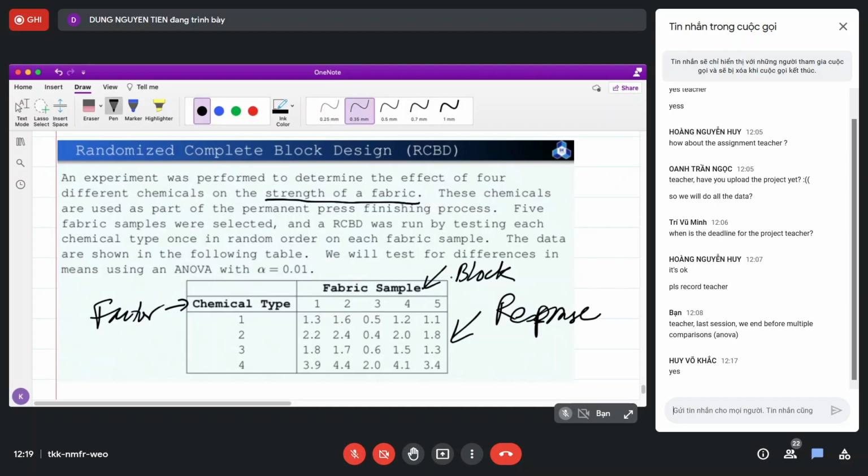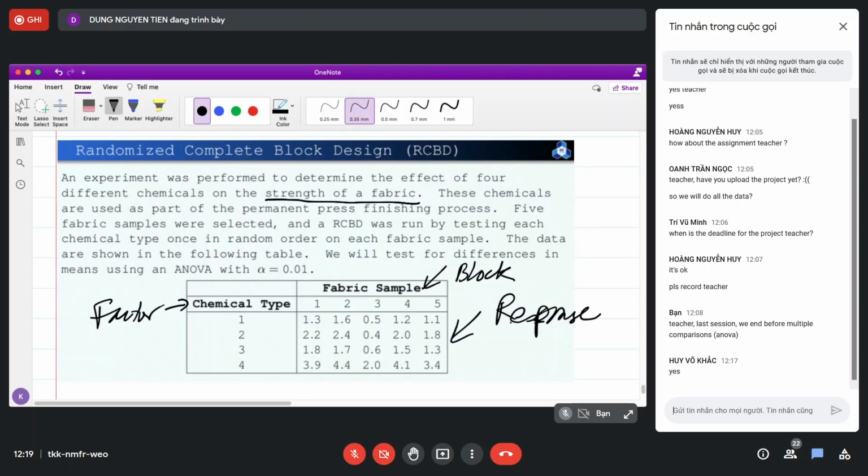This block is used to control the effect of an unwanted factor, and you call it a confounding variable. So a block can be used to take care of a confounding variable, like the fabric sample. Why is that?